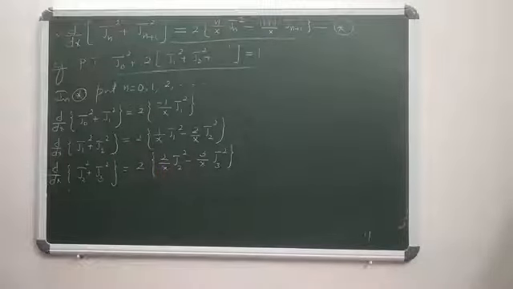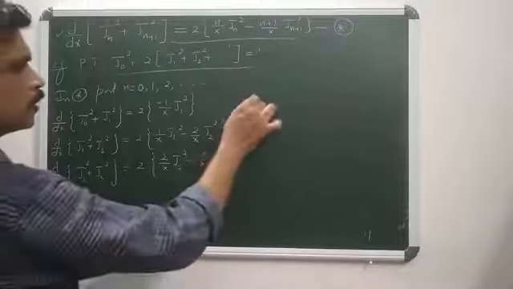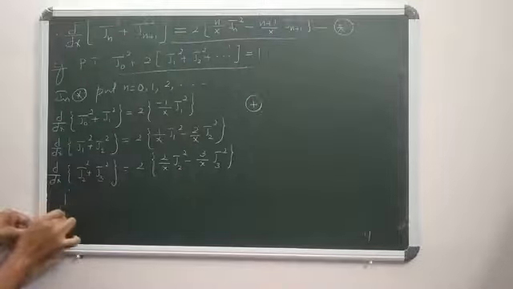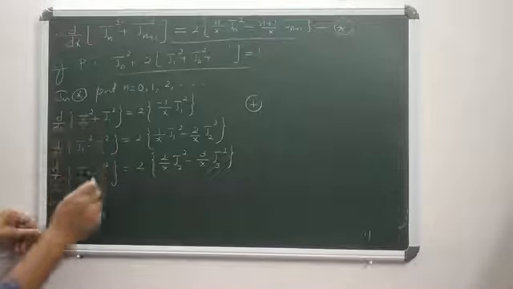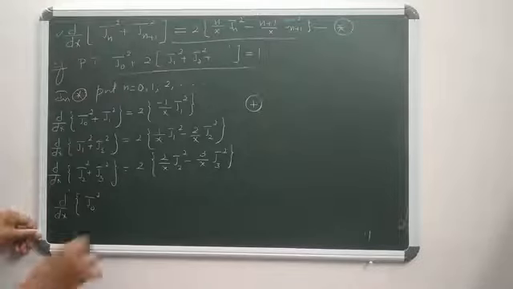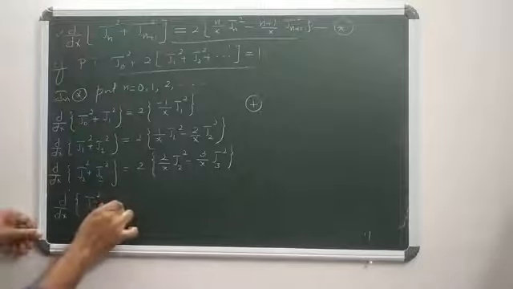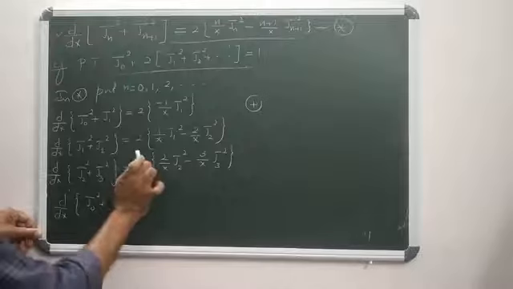If we add these equations vertically, what do you get? Left side becomes d by dx of J0 square plus 2J1 square plus 2J2 square plus etc.